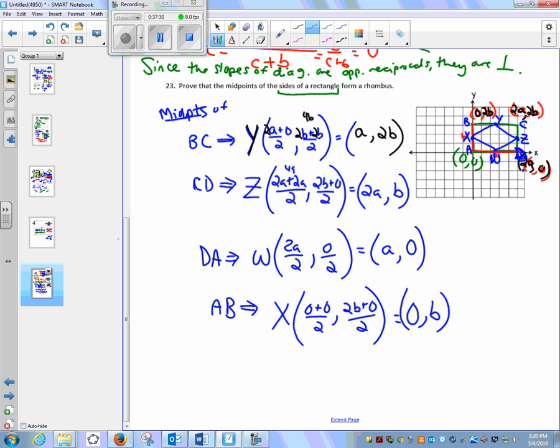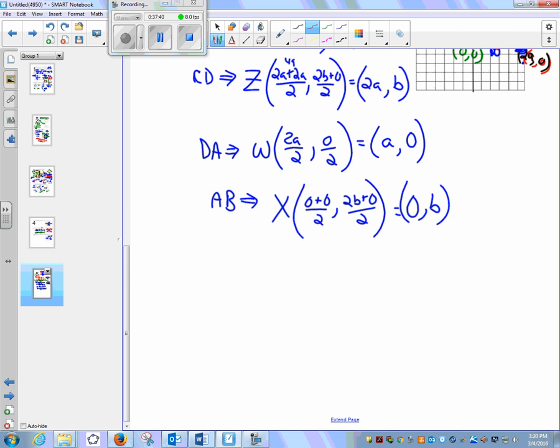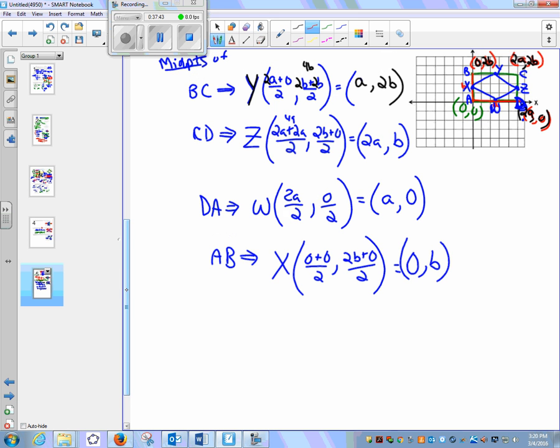I didn't write small here, but again, I like to at least start with slopes because that automatically shows that it's a parallelogram or not, right? So I'm going to be doing slopes. Could do this differently, remember.